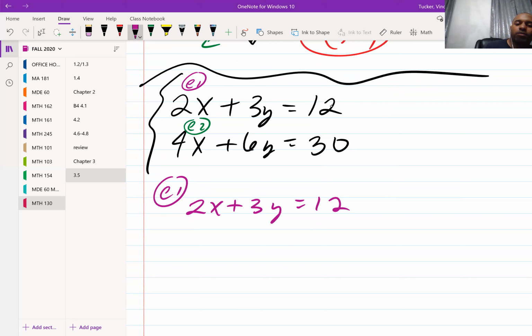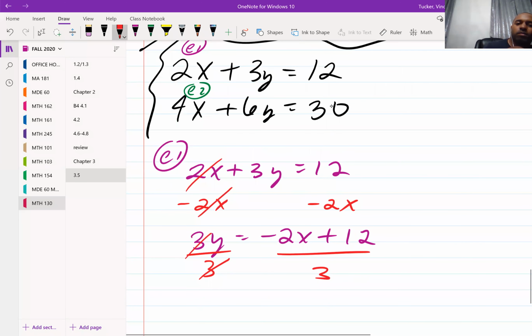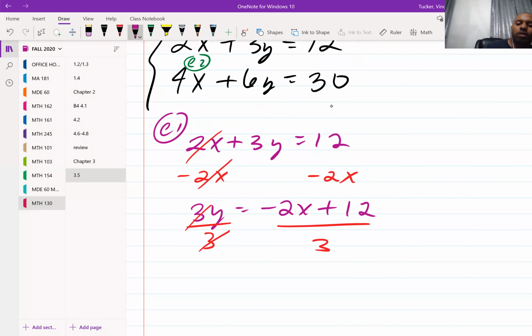All right, so what I'm going to do is, like before, take my equation, solve it for y. Call this one equation 1. Call this one equation 2. So first thing I would do is subtract 2x from both sides. Then divide by 3. And I solve my equations for y.